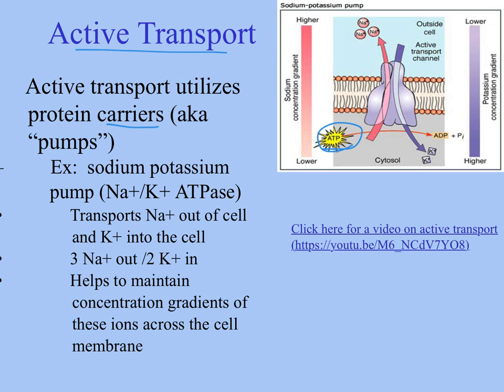In other words, if sodium is usually low inside the cell and high outside the cell, these pumps are going to work by active transport to pump sodium outside the cell against the concentration gradient.